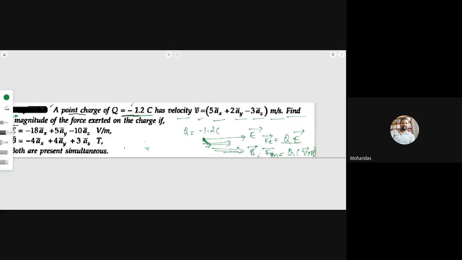And what about the third question? If both fields are present, that means if the moving charge is present in both fields, then what will be the net force?